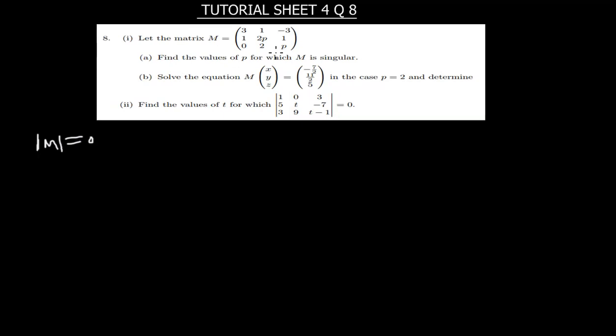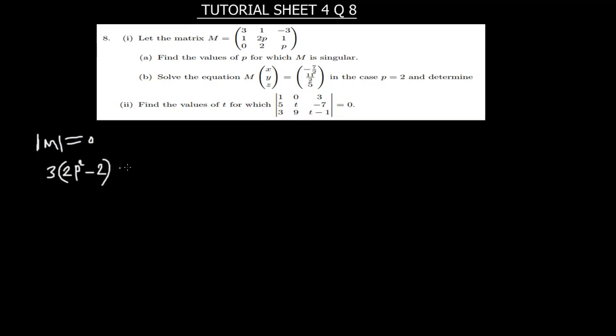So this is going to be like this: 3 outside, and then the minor for this 3, we're going to have 2P times P, which is 2P squared. We're going to have 2P squared, and then minus 2 times 1, you get your 2 like that.